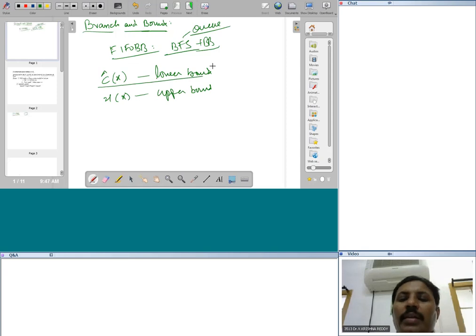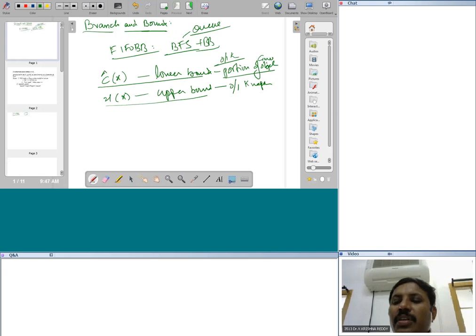In the lower bound calculation we apply a portion of an object also, the fractional knapsack representation, which is the greedy method. In u(x), the upper bound, it accepts either only 0 or 1, the 0/1 knapsack representation. A portion of an object is allowed in the lower bound calculation, and in the upper bound calculation the 0/1 calculation is acceptable.